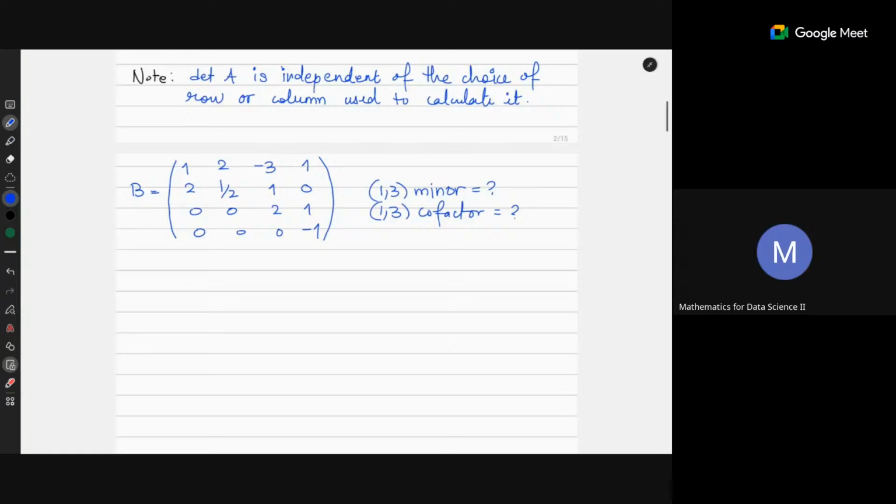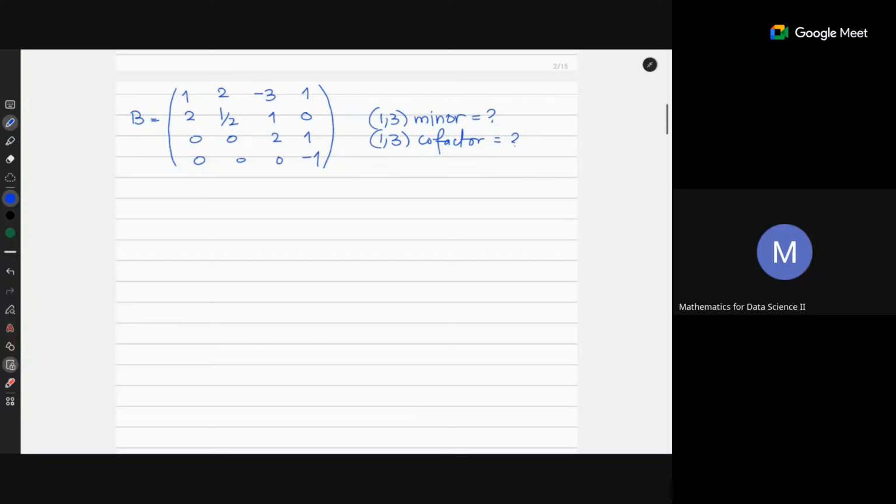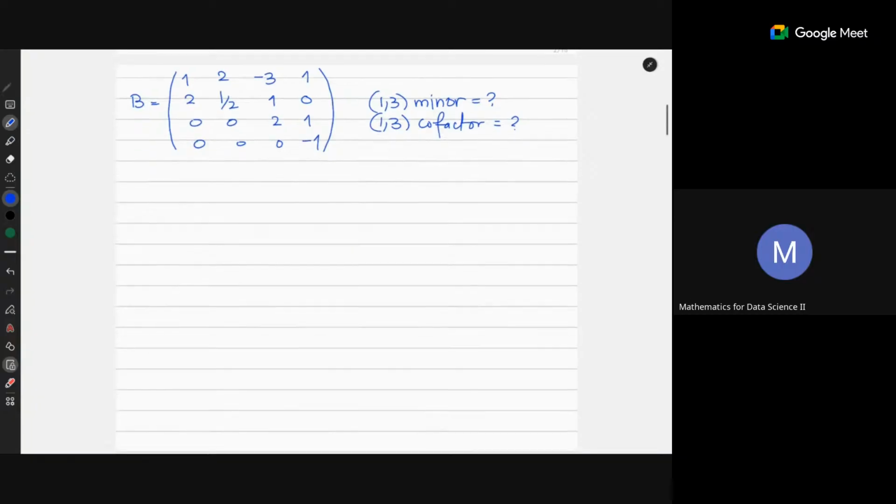Now let's take the determinant of this. Let's find the determinant of B first by expanding along row 4. So let's do that.